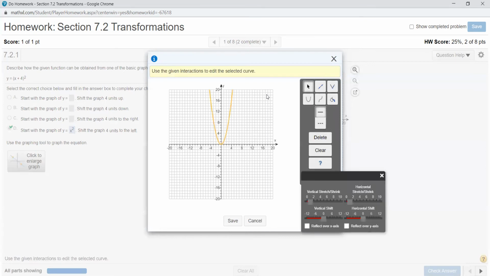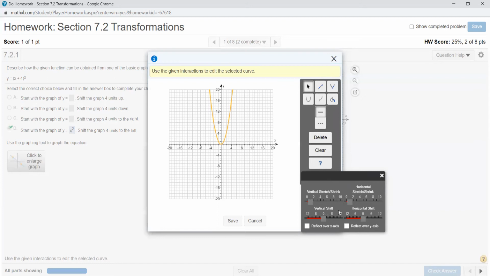So it puts the original x squared graph right there at the origin for you, and then wants you to do the shifting after that, okay? So we need to tell it to shift 4 units to the left. You'll see this box down here that's got all these different shifting options. We don't do any shrinking.